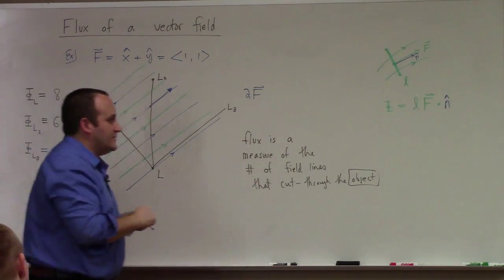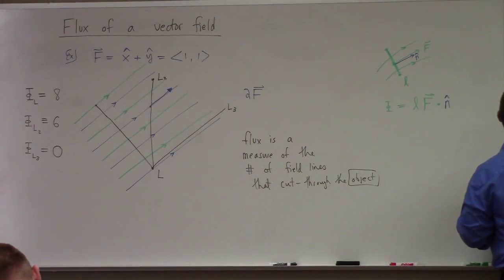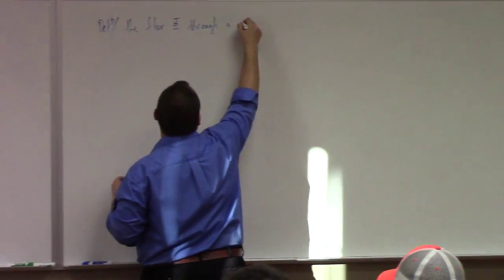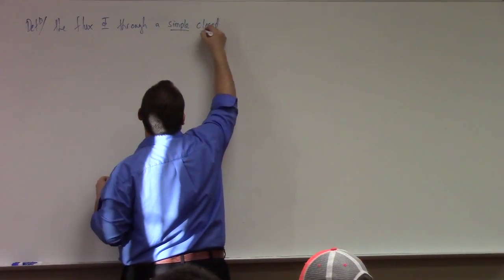Okay, but we're not content with this notion. We want to define the flux through a closed curve. A simple closed curve, also known as a Jordan curve.